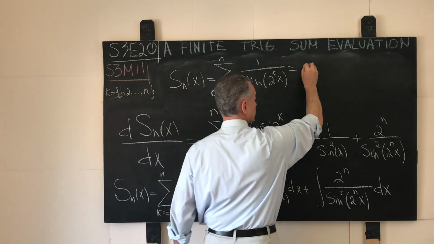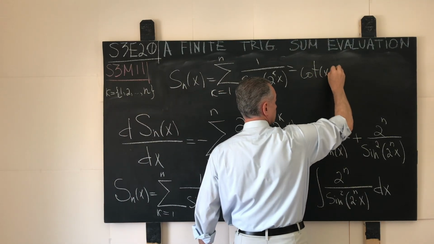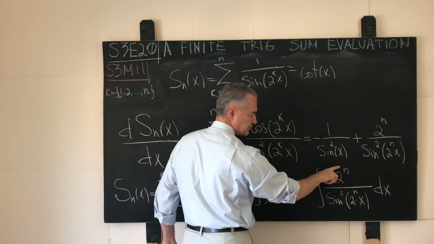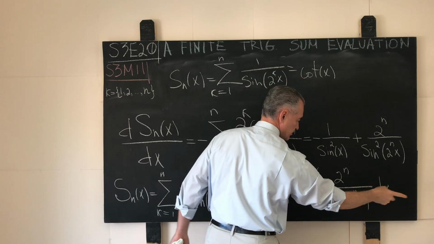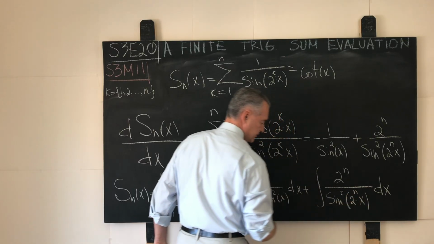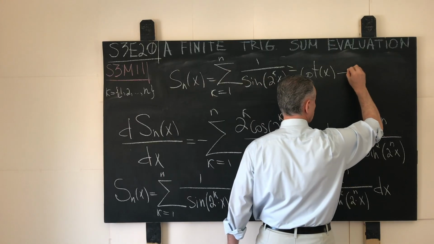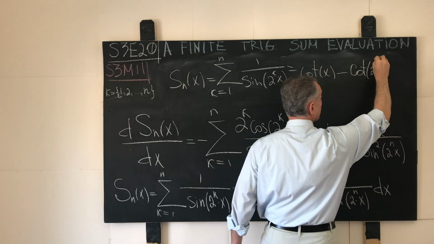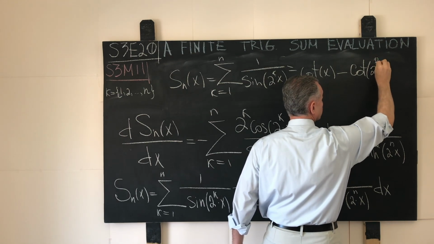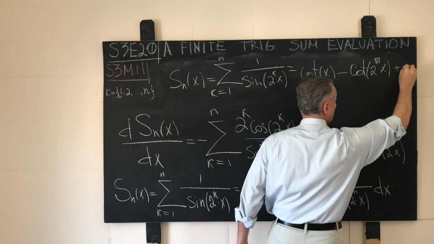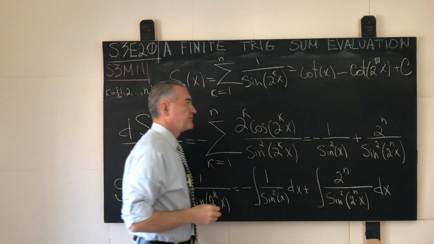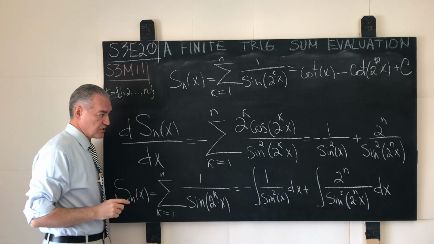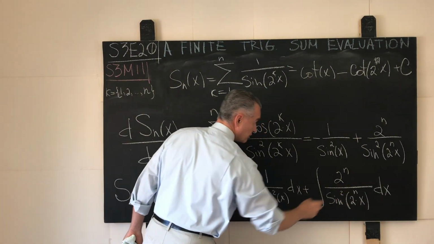In this case, it becomes cotangent of x. Here it becomes what? Negative sine minus 2 raised to the power n. We move under the differential. It doesn't make any difference. And then we have essentially the same integral. Minus cotangent of 2 to the power of n times x plus a constant of integration. In this case, we combine two constants of integration produced by each indefinite integral into one.